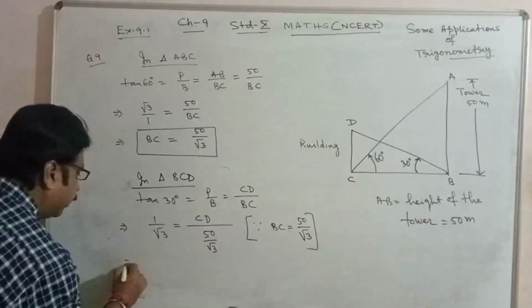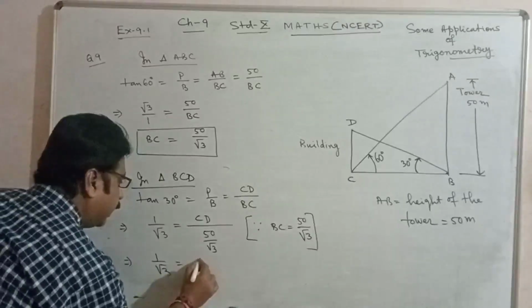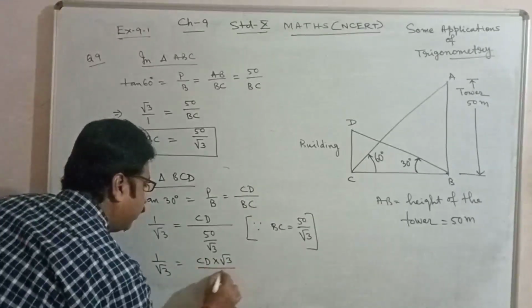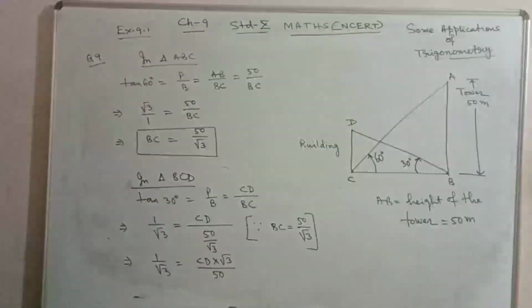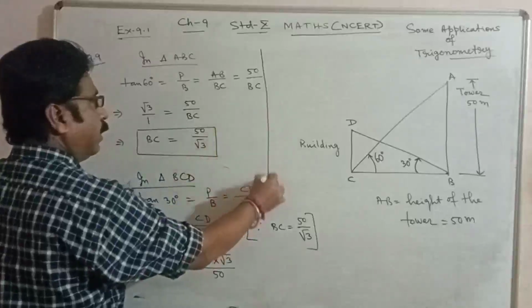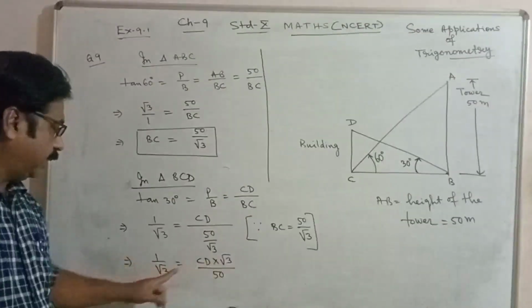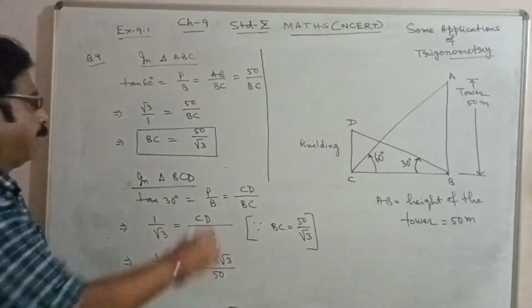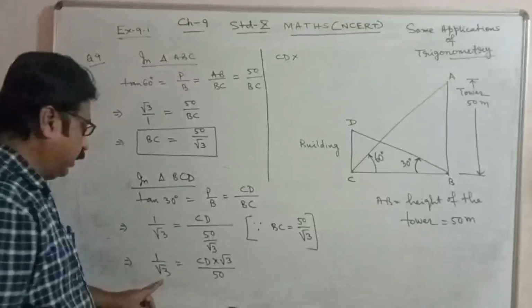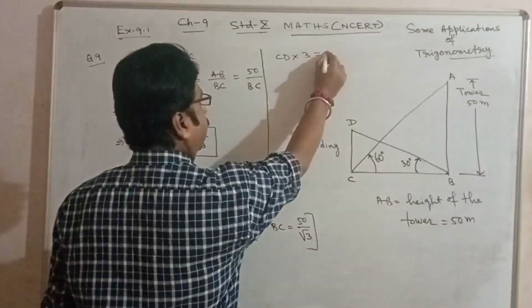Next step, it will be 1 upon root 3. It will be CD into root 3 upon 50. Cross multiplication. CD into root 3 into root 3 means 3 equals to 50.